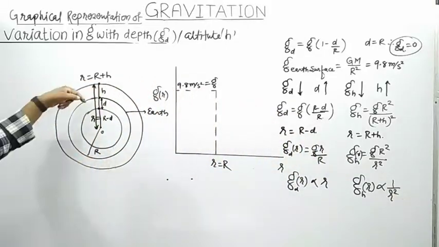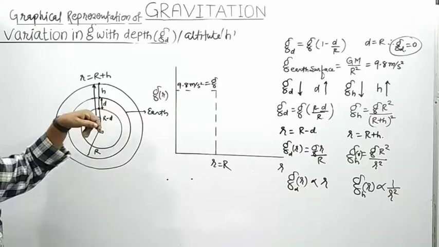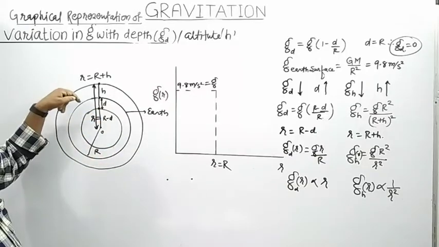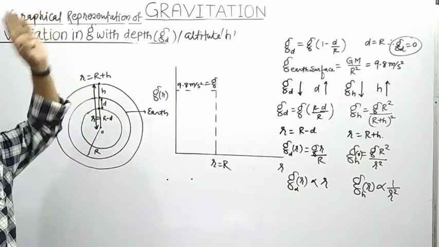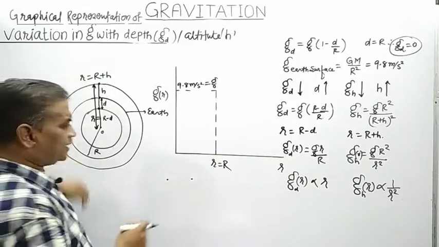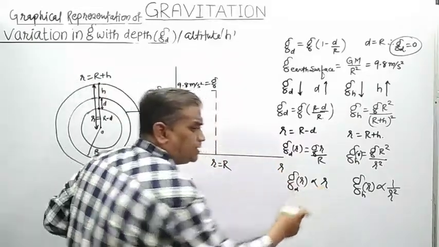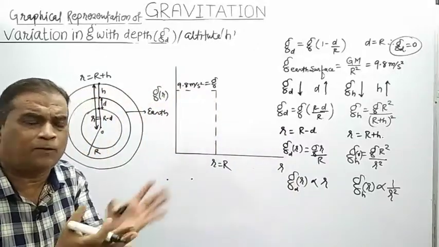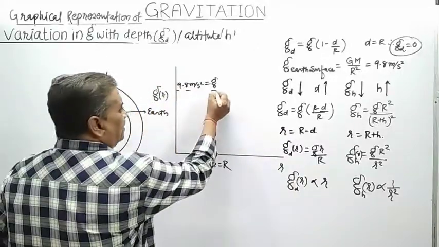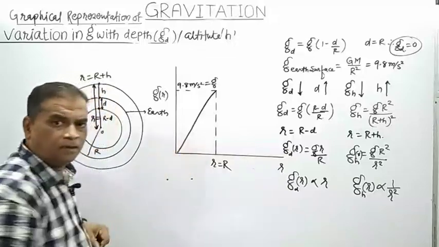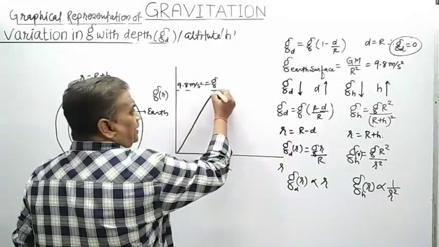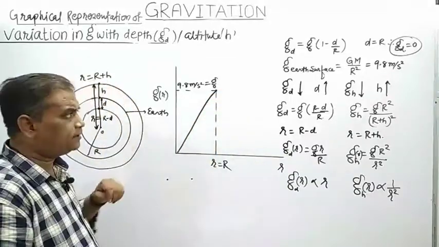So see how g varies when the object is moving inside the earth, and how g varies when the object is moving above the surface of the earth. When the object is moving inside the earth, means at a depth, g varies linearly with r, means the relationship between them must be a straight line. See here, the object is on the surface of the earth.